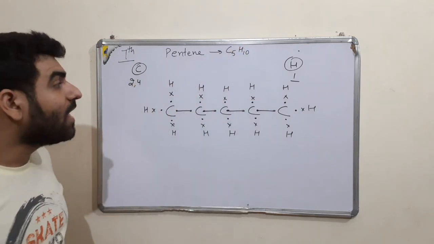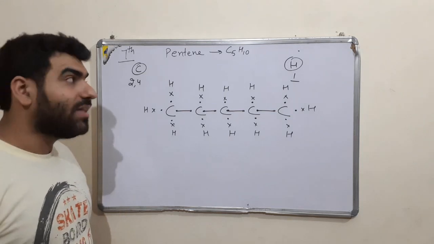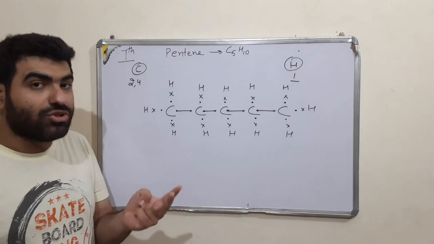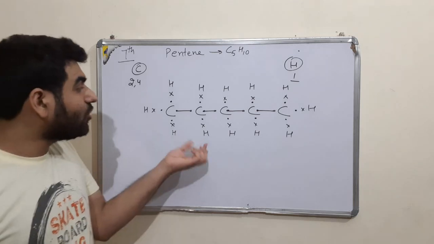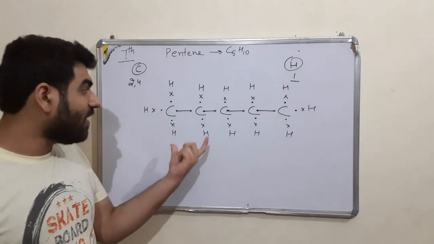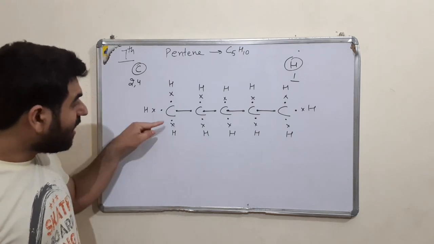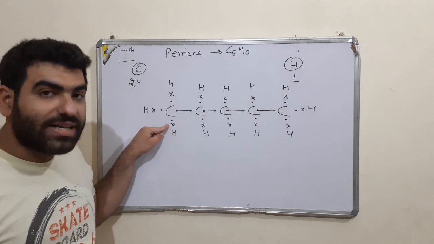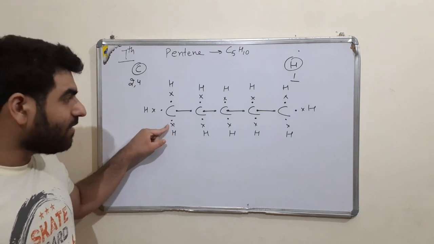These are 10. So the solution is, whenever we require 2 hydrogens less, it means there are 2 electrons which are in excess. If we remove this electron, we will not require hydrogen to satisfy this demand of carbon.